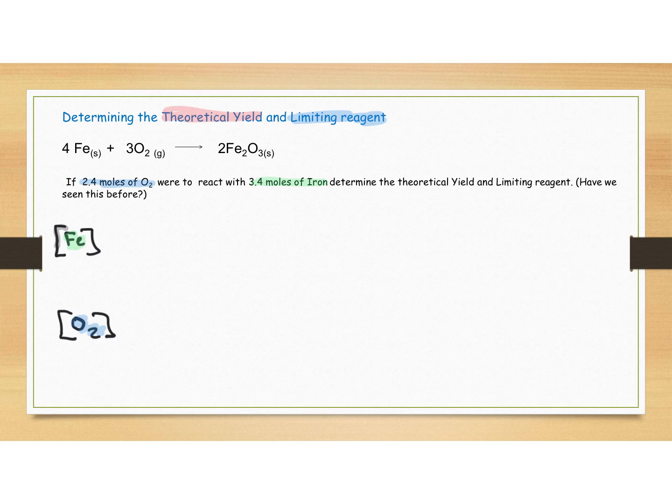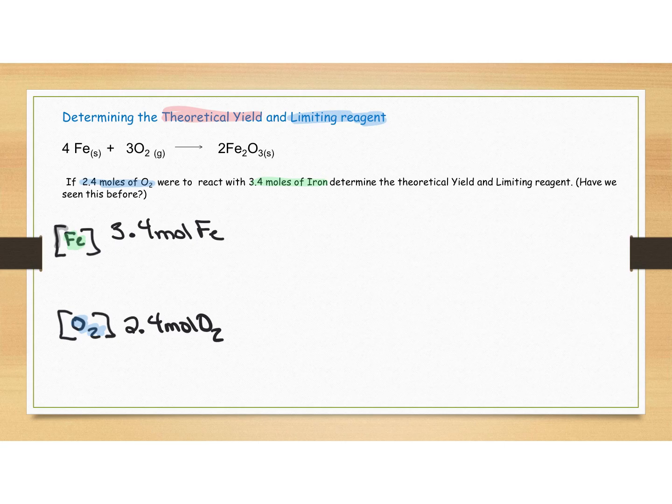So I'm going to start with the 2.4 or the 3.4 moles, whichever one. I have 2.4 moles of O2 and 3.4 moles of iron. They're asking me to determine the theoretical yield and limiting reagent. The theoretical yield and limiting reagent of what?